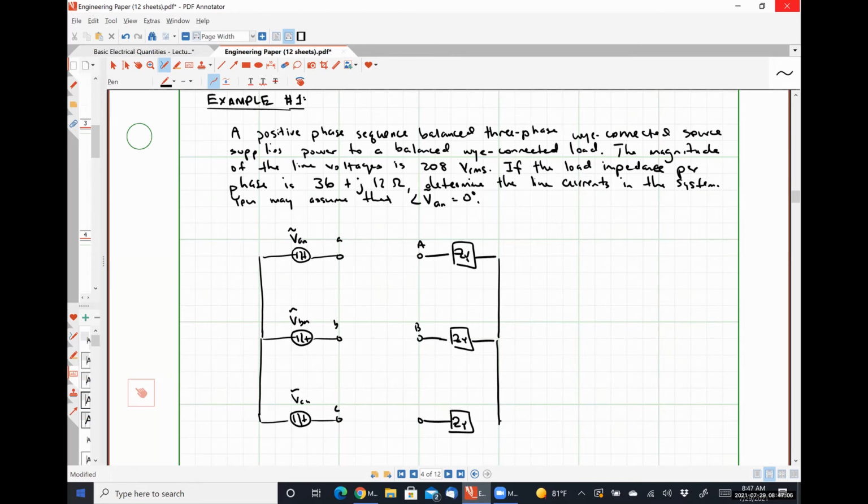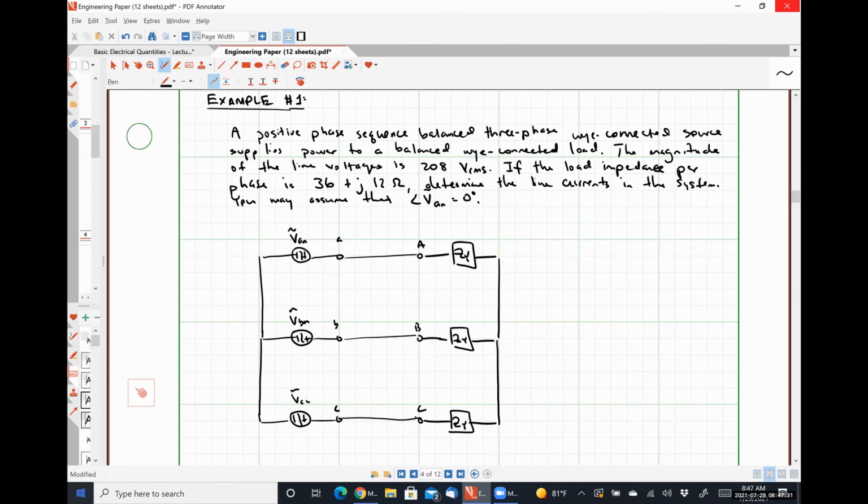Same impedance of ZY. I'm not given any transmission line impedances, so I'm just going to assume that there's 0 in this instance. There is no mention whatsoever of a neutral conductor being included, so I'm not going to draw it. Does not matter if it exists or does not exist, it's still a short circuit to us, okay?